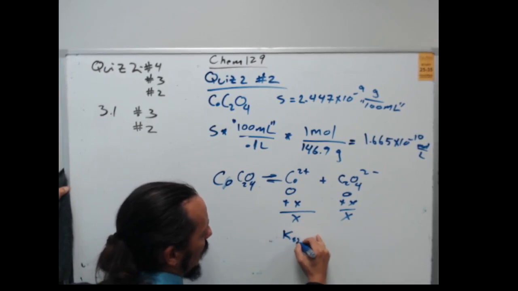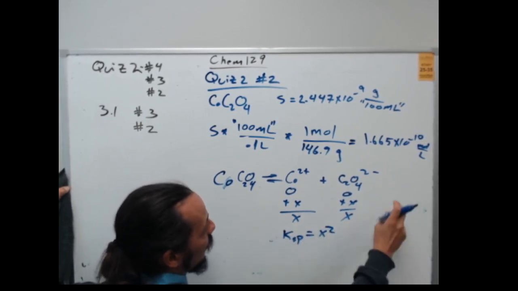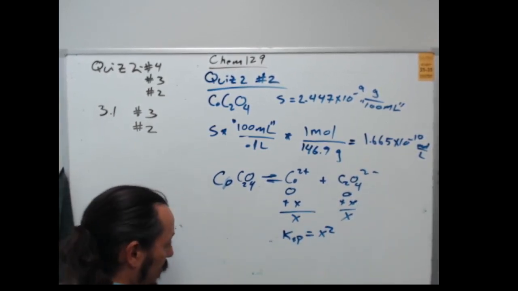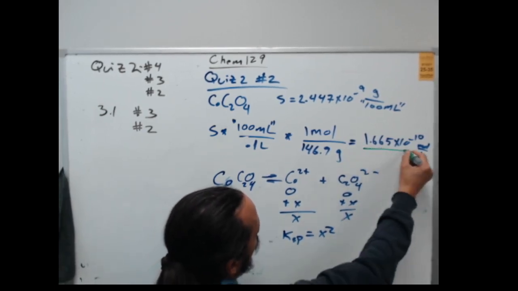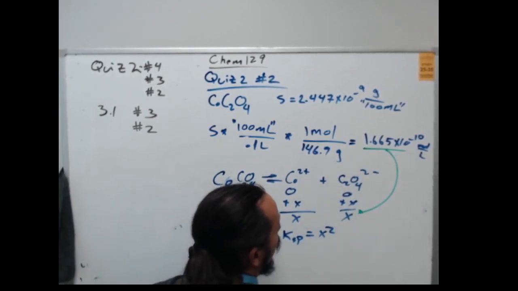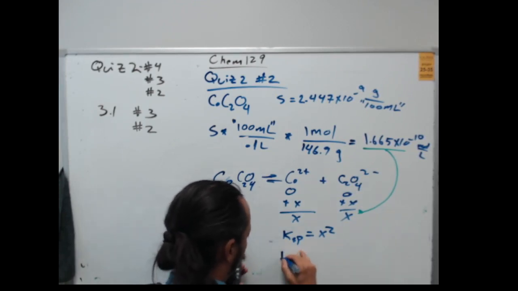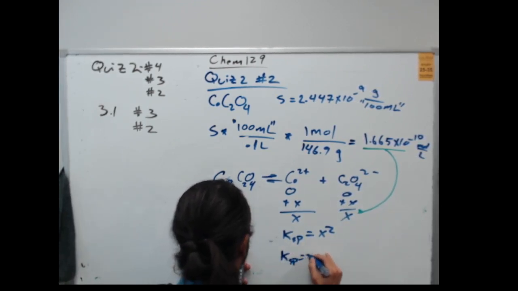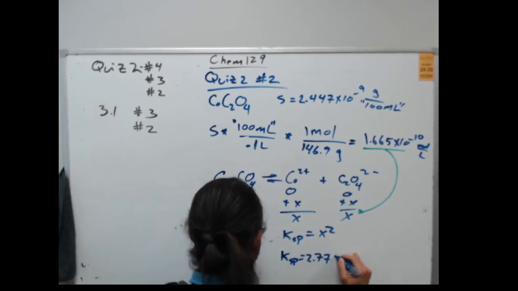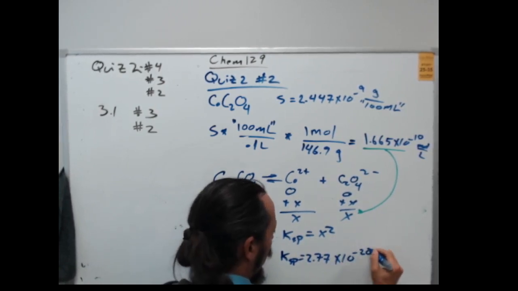I'm going to have KSP equal to x squared. This value is x. So just that value, 1.665 times 10 to the minus 10, squared. I get the very silly value of 2.77 times 10 to the minus 20 for my KSP value.